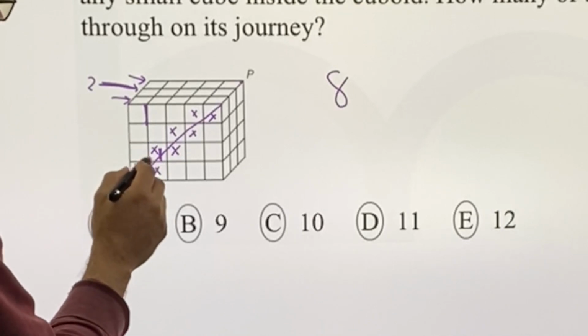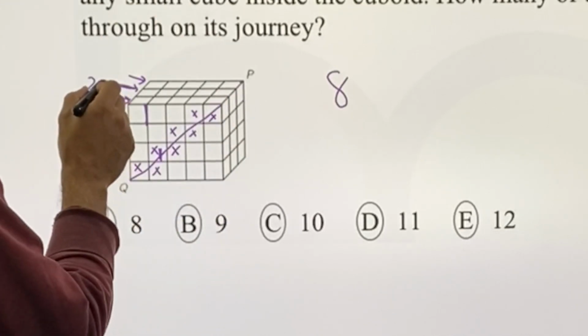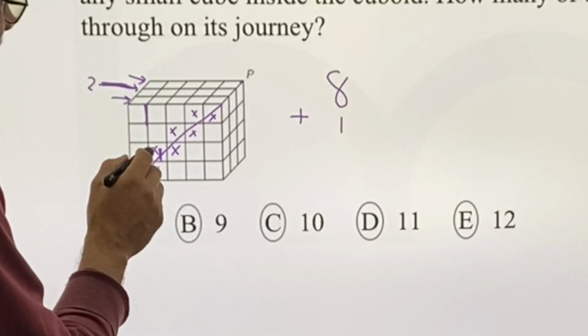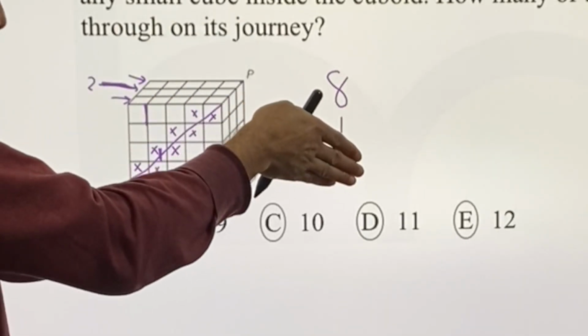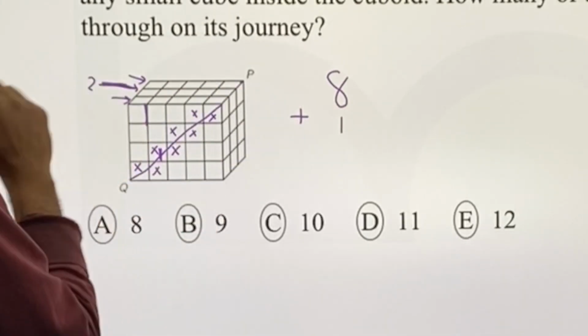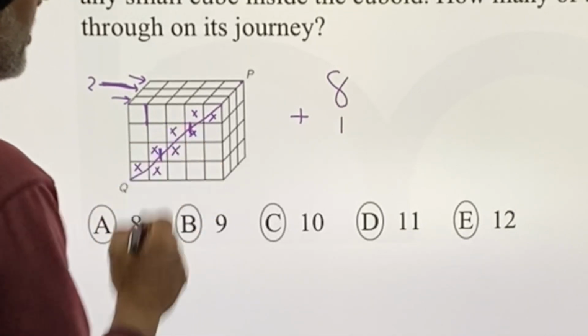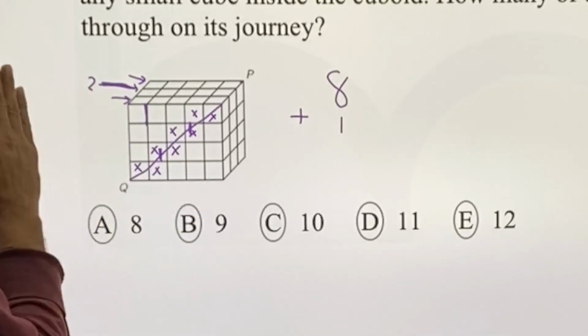So what I see here as one cube will be an additional cube from this layer, so that is plus another one. I see only one here, but it is passing through the face, so it is actually touching the cube on the second layer.